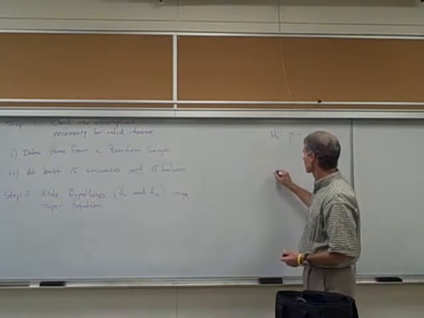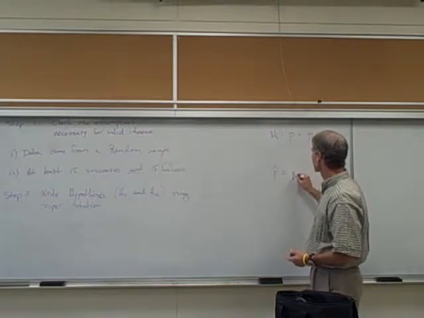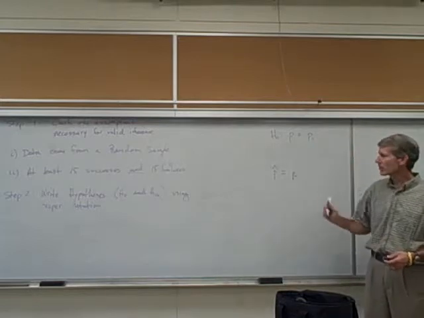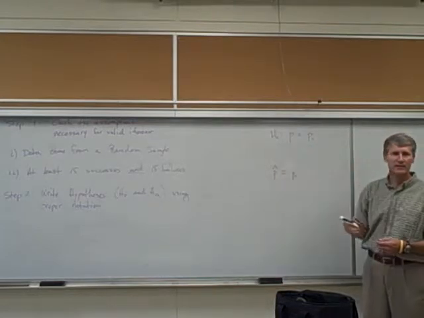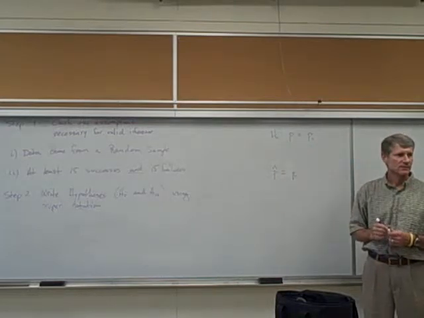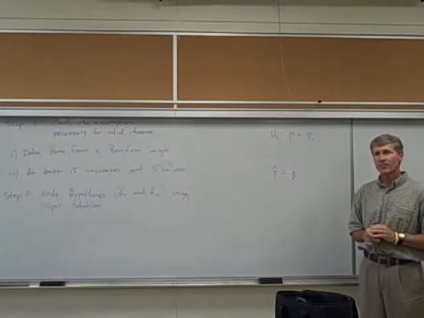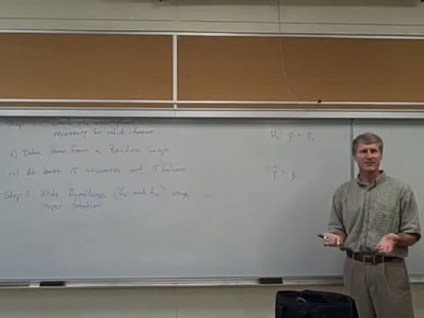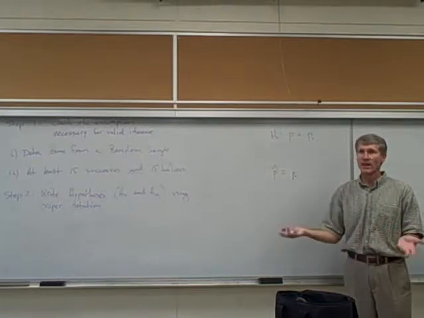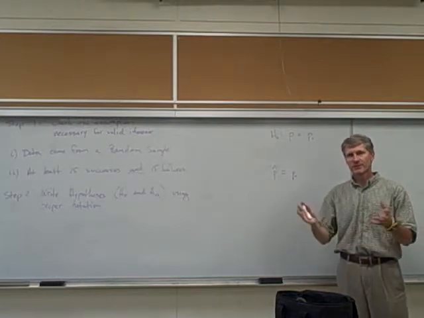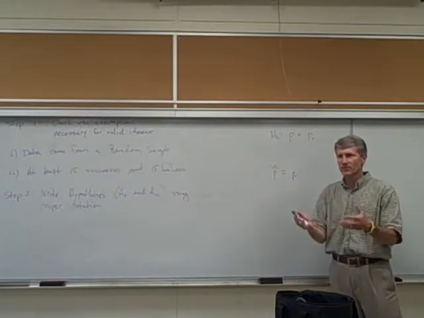Don't write this. What's wrong with using a p hat instead of a p? P hat is the sample proportion. We don't have to do a hypothesis test about that. We compute our sample, we compute what our p hat is.